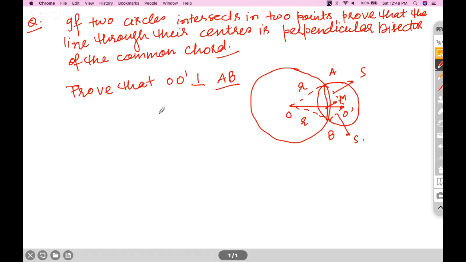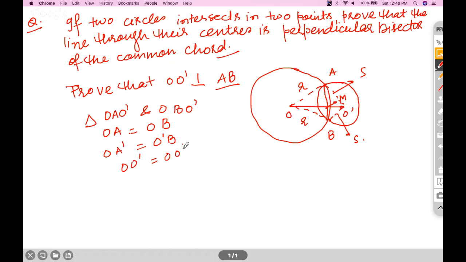So construction I have already done. I am taking triangle OAO dash on the upper side, and I am taking OBO dash on the lower side. So OA is equal to OB because they are radius, O dash A is equal to O dash B because they are radius, and OO dash is equal to OO dash.